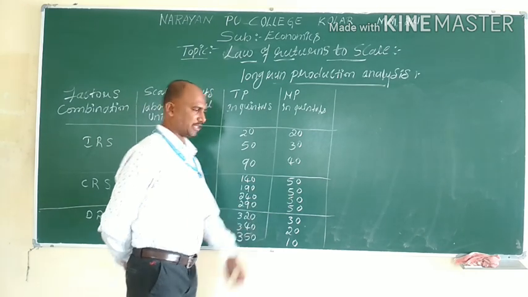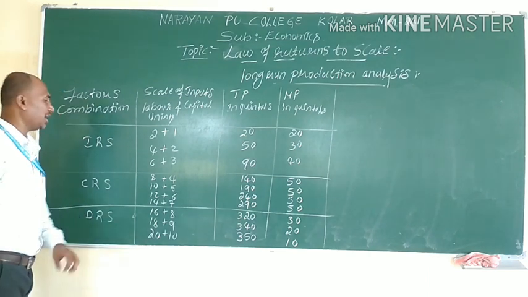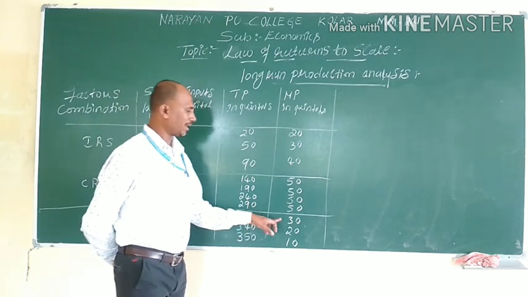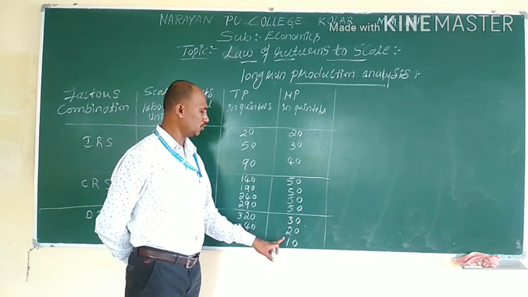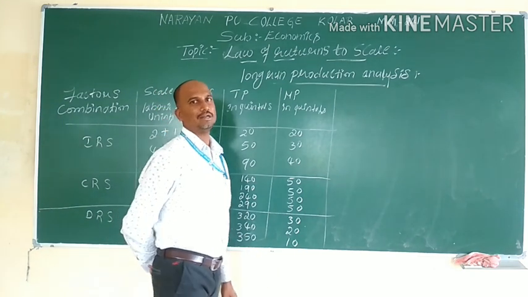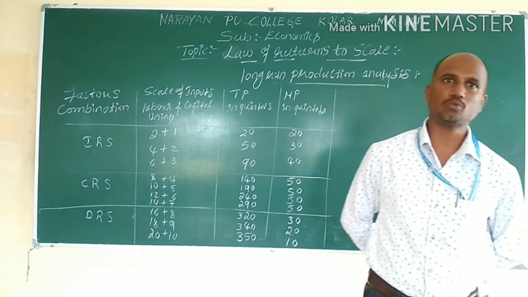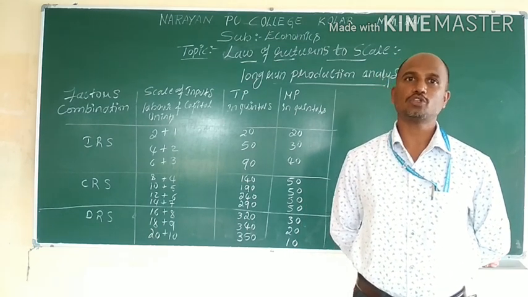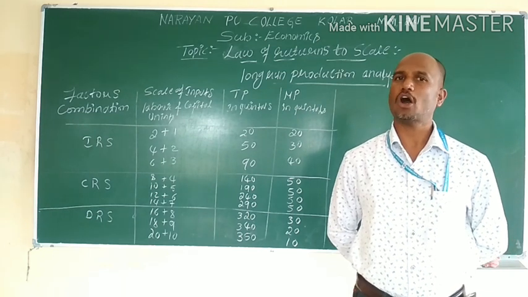Then diminishing returns to scale: even though the inputs increase, the marginal product decreases from 30 to 20, 20 to 10. It's what we call a table explanation. That means changes in the inputs lead to changes in the output in the long run.